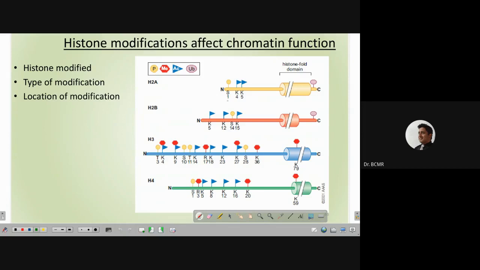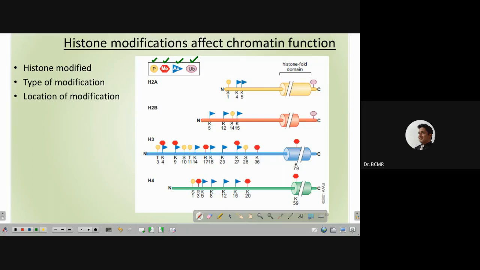So here is the residue. This is phosphorylation, methylation, acetylation, and there is one more called ubiquitination. If you read about ubiquitination in cell biology, you would know that typically polyubiquitination is a signal for being degraded by the proteases. Monoubiquitination has a different function.